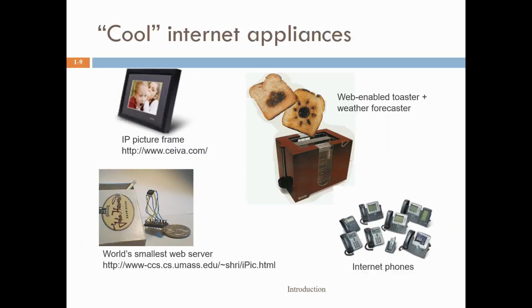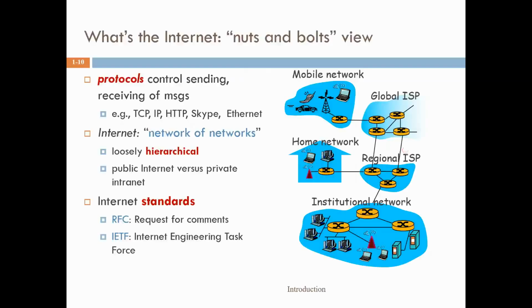So it's definitely connected to the internet because it needs to actually have the weather forecast. You have picture frames, you have IoT, Internet of Things devices, you have internet phones, you have so many different types of edge devices that are now connected to the internet, not just computers. So when we say the edge, we have to actually think of many, many more devices, not just computers and servers. Okay.